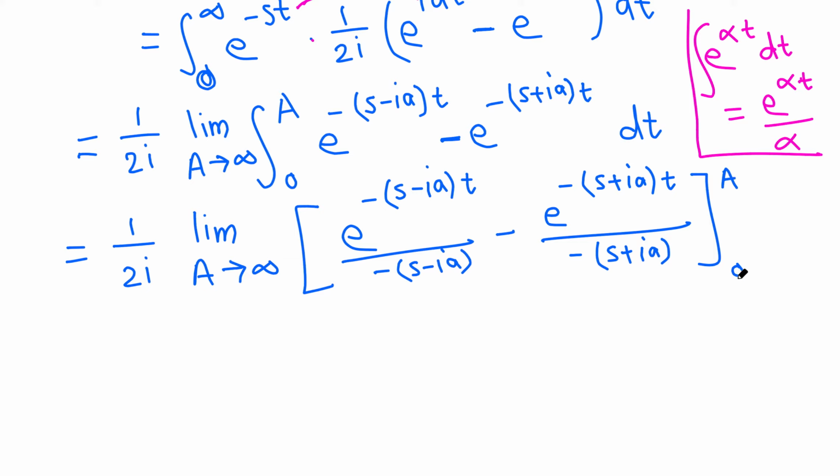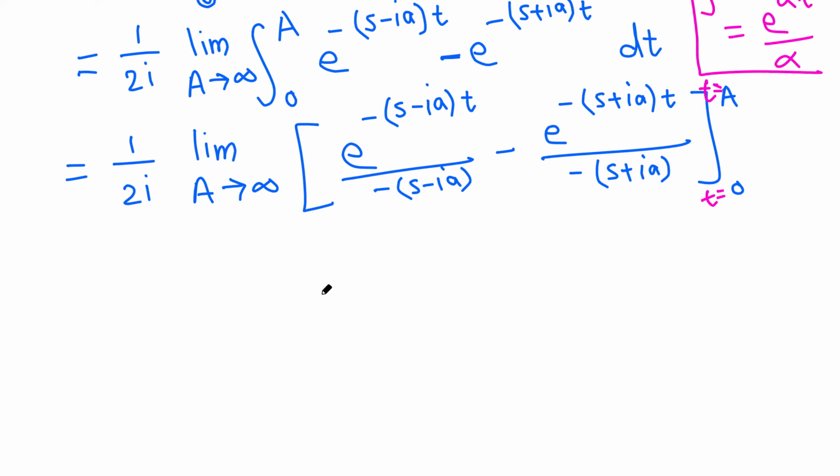Let's plug in the upper limit and lower limit. Remember, this is t equals a, and this is t equals 0, because our variable is t.